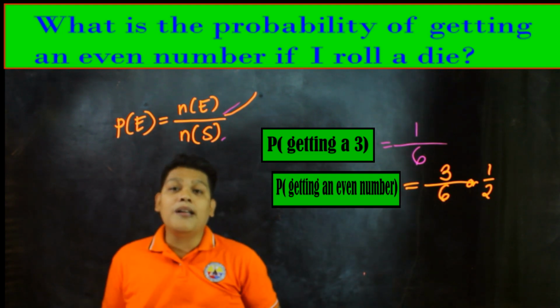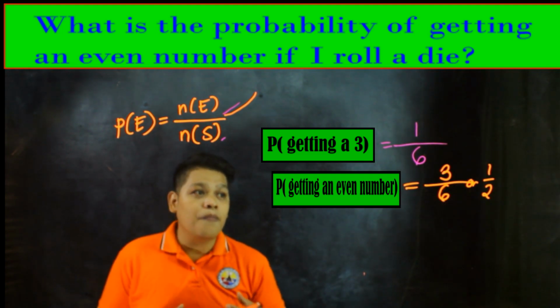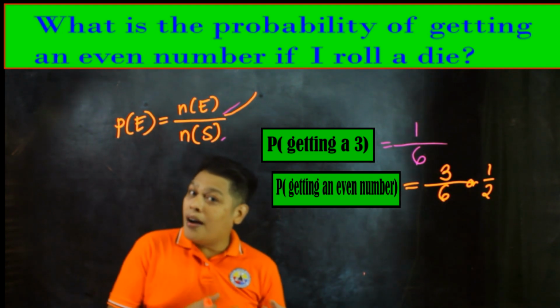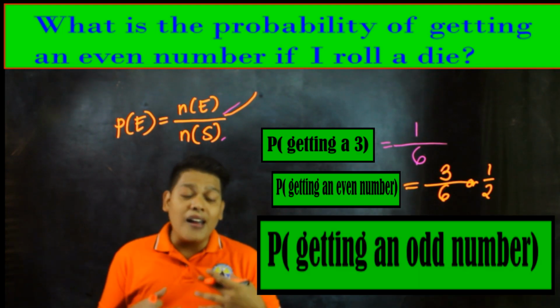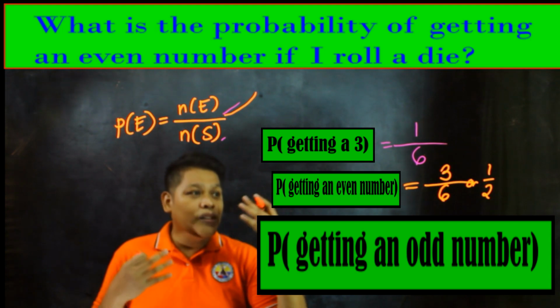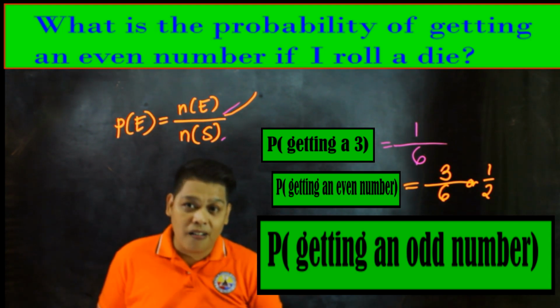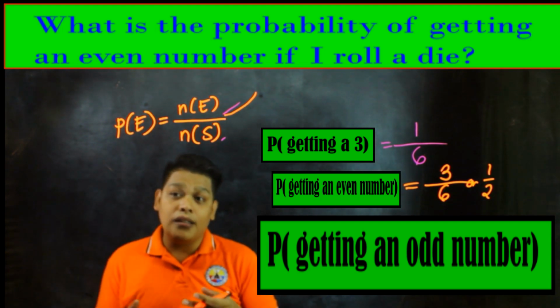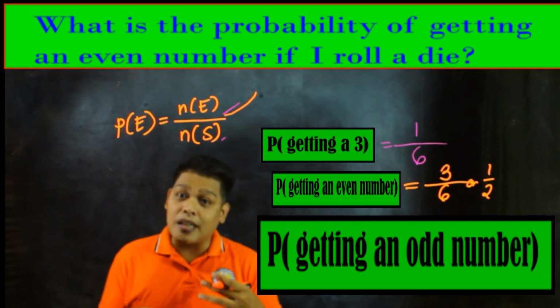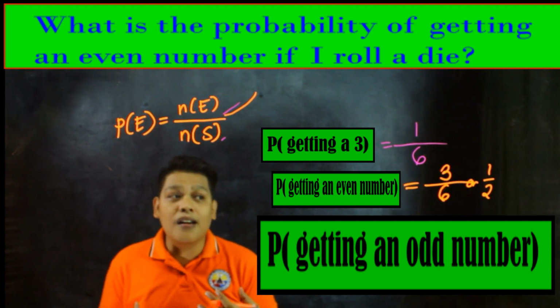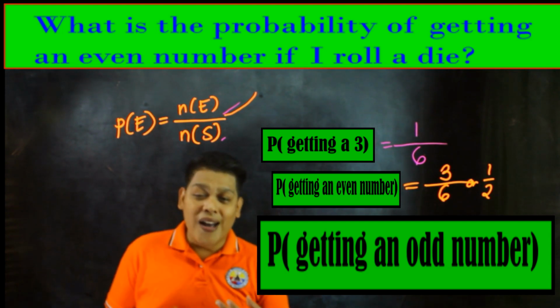So the probability of getting an even number is equivalent to 1 half or 50%. In getting the odd number, it's also 1 half because the odd numbers in the die are 1, 3, and 5. So getting the odd number is also 1 half.